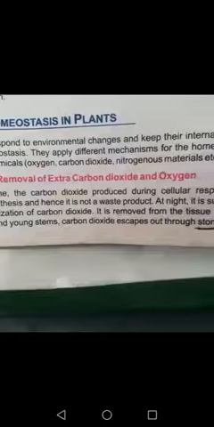In different parts of the plants like leaves and young stem, this carbon dioxide is removed through stomata. In young root, carbon dioxide diffuses through the general body surface, and also from the root hairs.